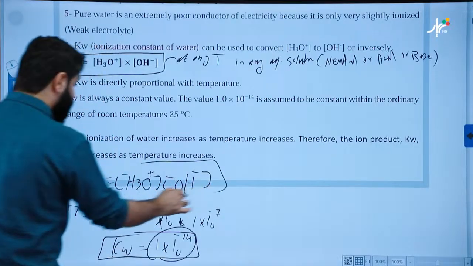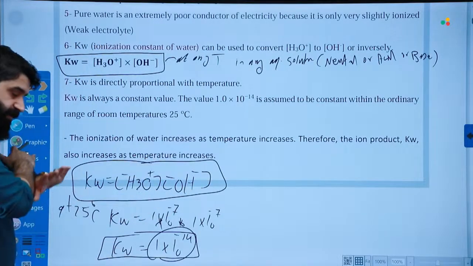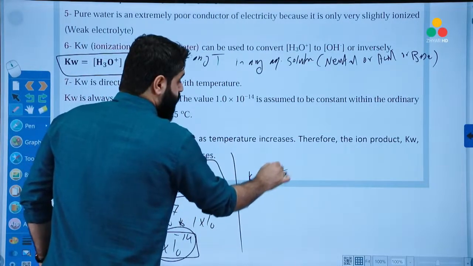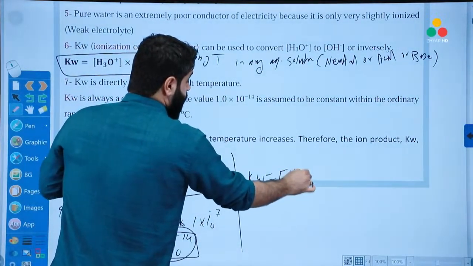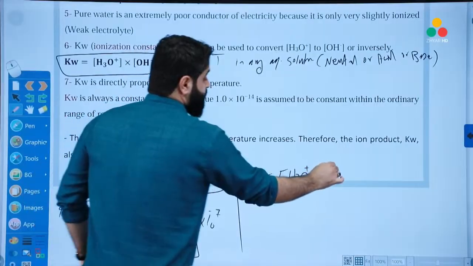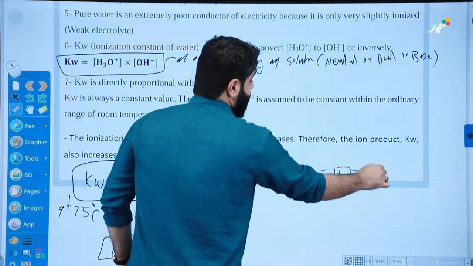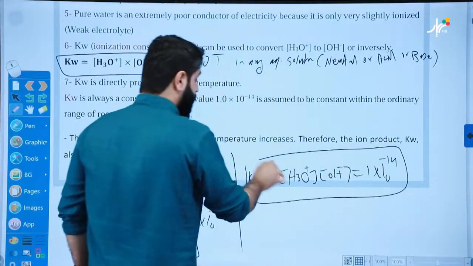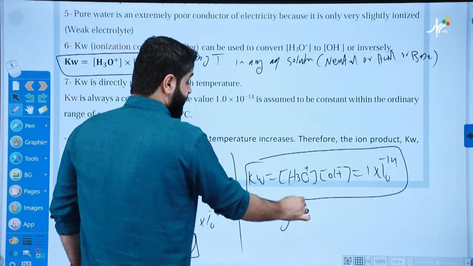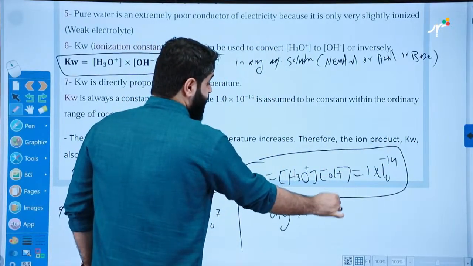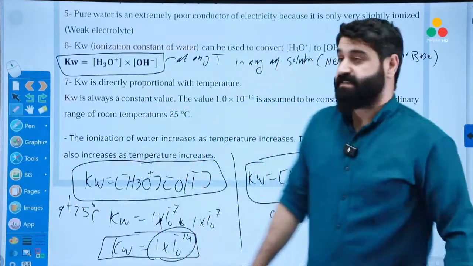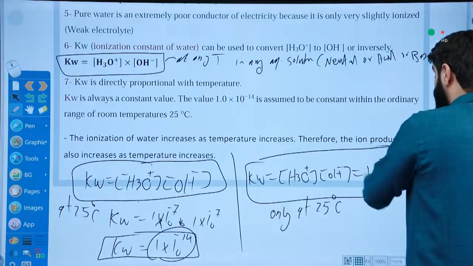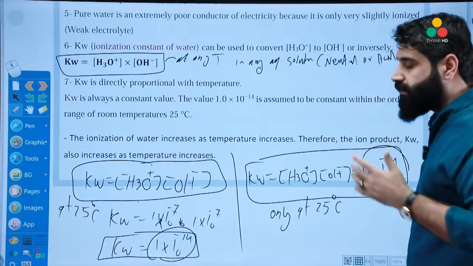So if I say this rule, Kw equals H3O times OH, it is used for any temperature. How about Kw equals 1 times 10 to negative 14? This is applicable only at 25 Celsius degree. This is the difference between them: the first is for any temperature, but at 25 Celsius degree, Kw takes this value.